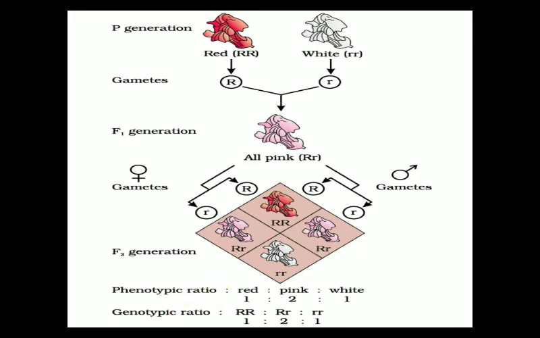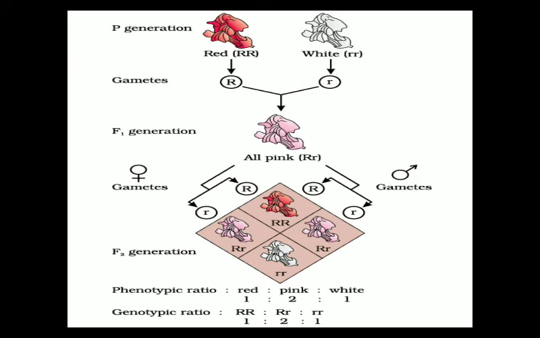The only difference is regarding the phenotypic ratio. Try to remember the phenotypic ratio in the F2 generation of the monohybrid cross performed by Mendel. The phenotypic ratio there was 3 is to 1. But in case of incomplete dominance, the phenotypic ratio is 1 is to 2 is to 1. So regarding phenotypic ratio, there is a difference.